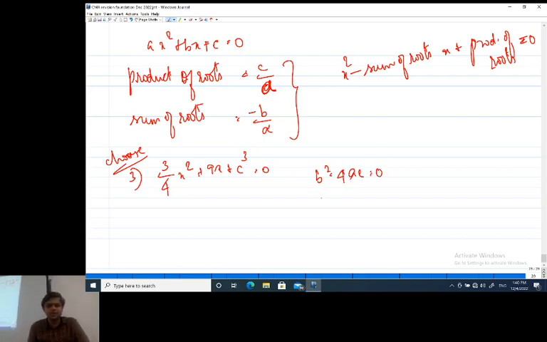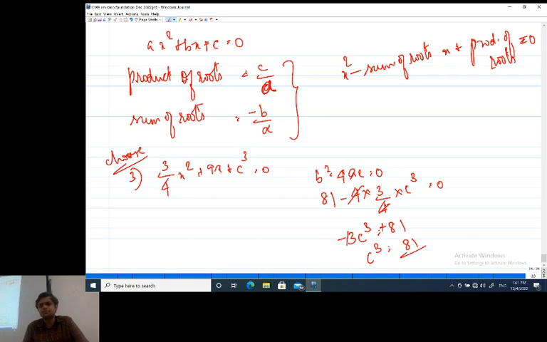So when I am substituting, I get 81 minus 4 into 3 by 4 into c cubed is 0. So 81 minus 3c cubed equal to 0. So minus 3c cubed equal to minus 81. C cubed will be 81 by 3, minus minus goes away, 27, so c will be 3.